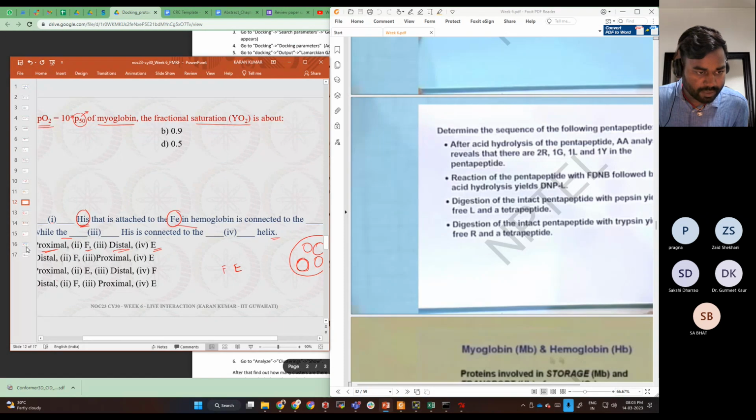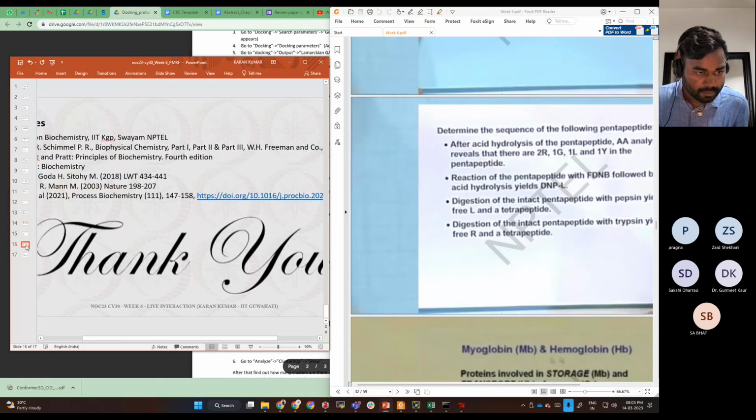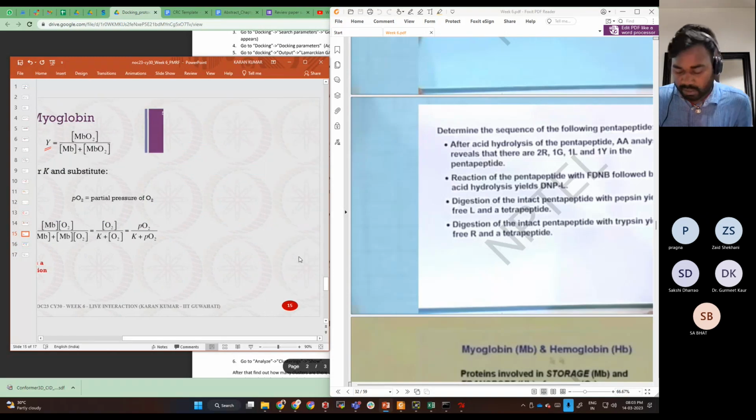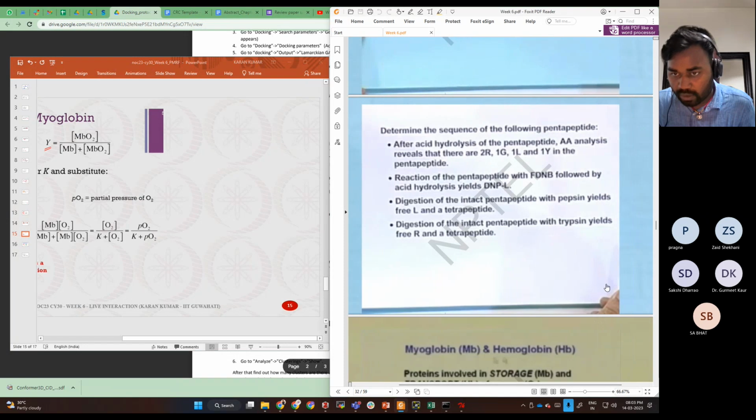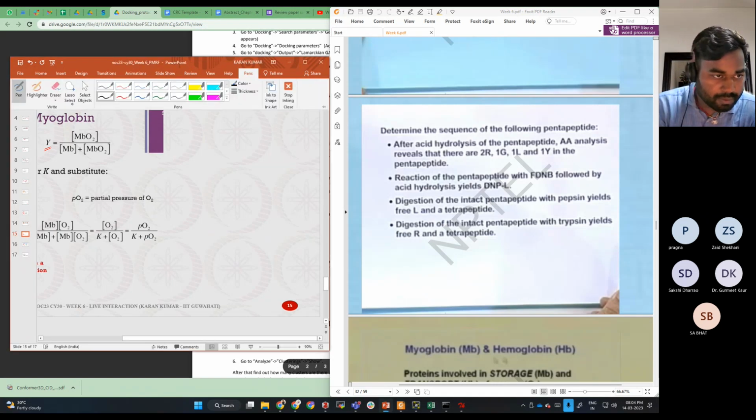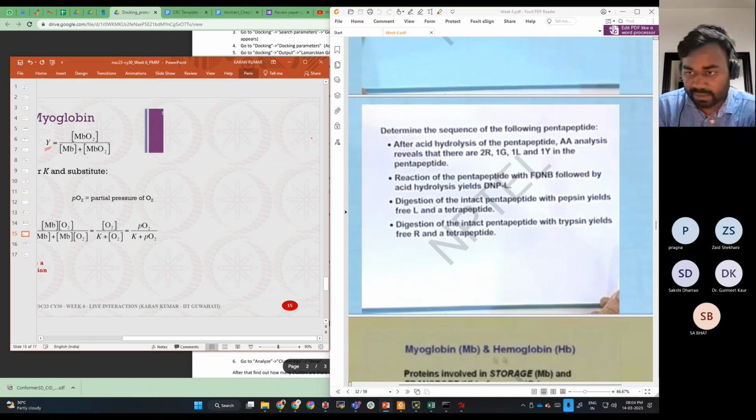Let me get a fresh page. Okay, your question was: determine the sequence of the following pentapeptide. Pentapeptide means it will have five amino acids, right?